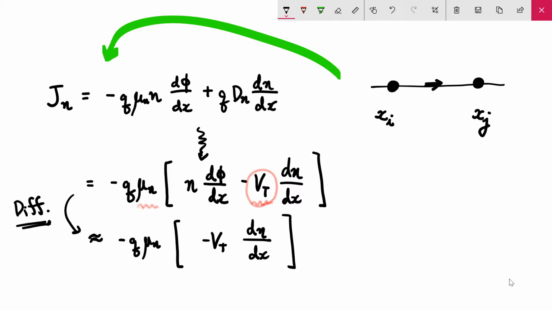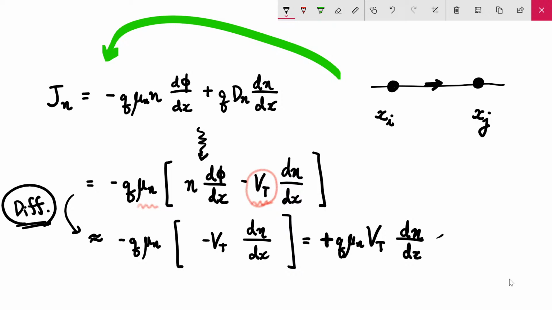Here I made the diffusion term dominant, so I just neglected the drift term. Of course it cannot be an exact expression, so this is only valid under the approximated condition. So let me write down Qn. Here we have Vt, so they are just minus. We have this form. Yes, that is really simple.